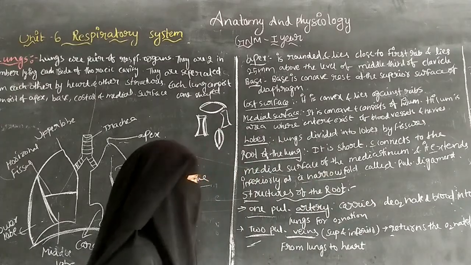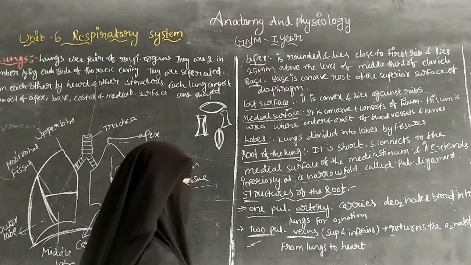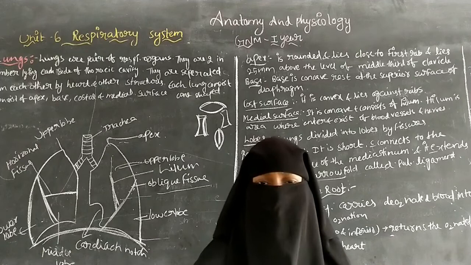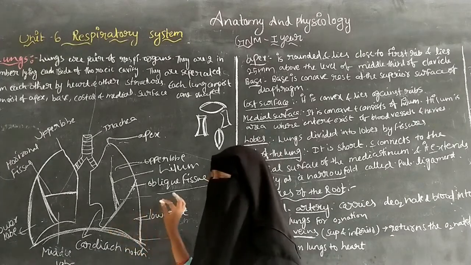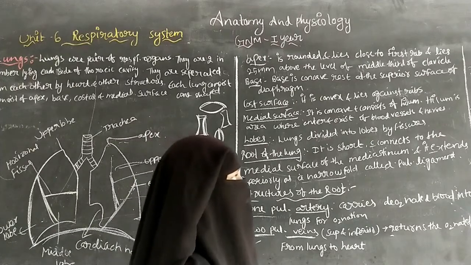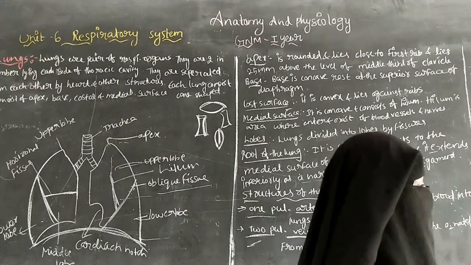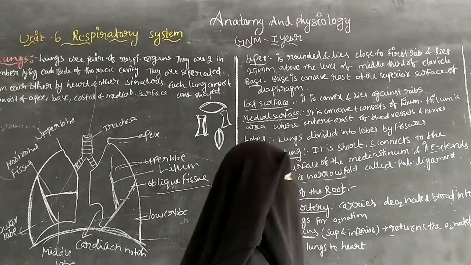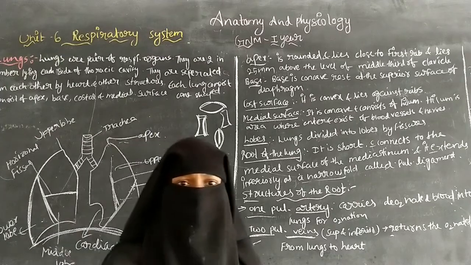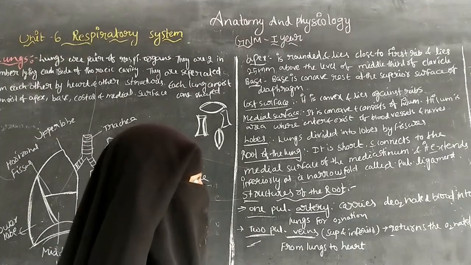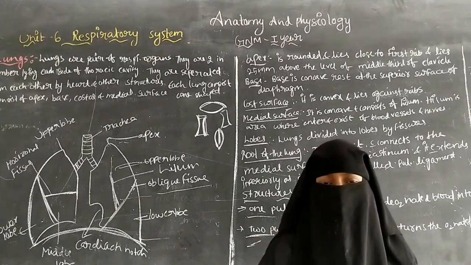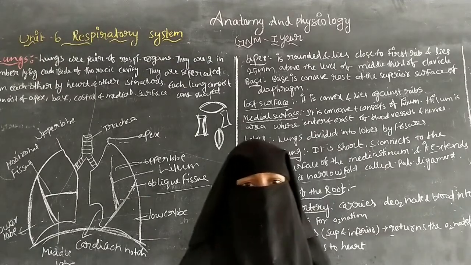So the arterial blood is transported to the lung tissue by the bronchial arteries.